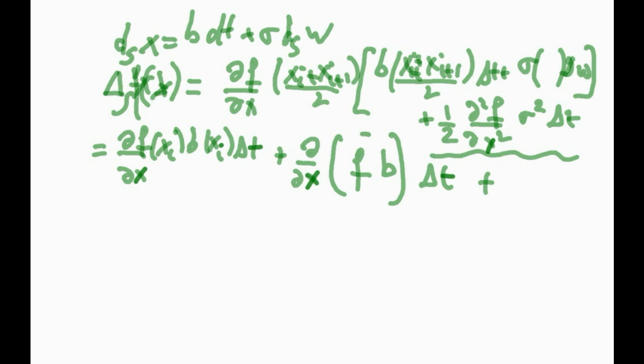Let me carry the next term: plus df/dx σ(x_i) dω, plus dω times 1/2, multiplied by d/dx of σ df/dx, multiplied by dω Δt dx, plus the term of order 2, which I'm not writing.